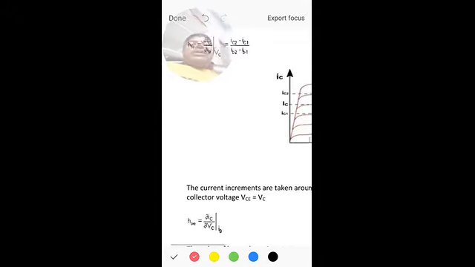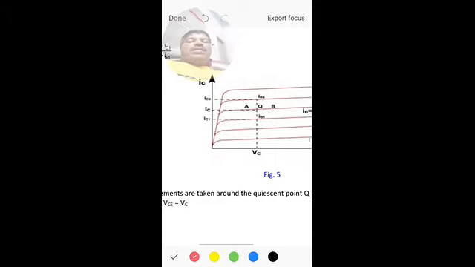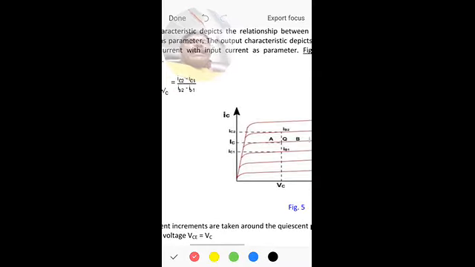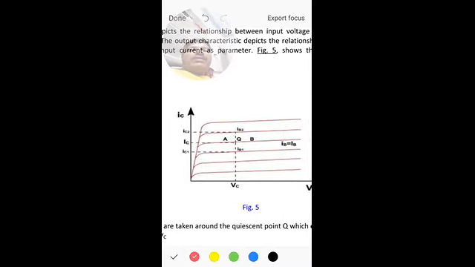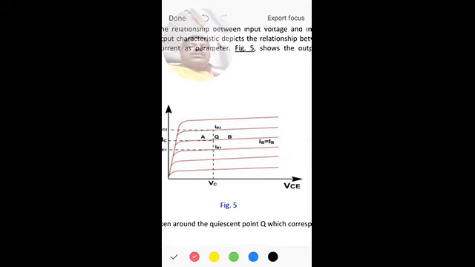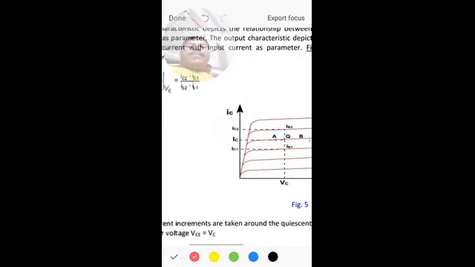See here the output characteristics of the amplifier. It is the plot showing the variation of output current with output voltage, keeping input current constant.